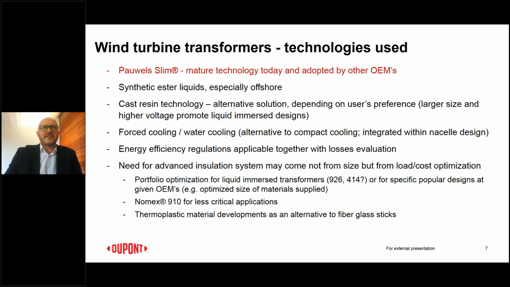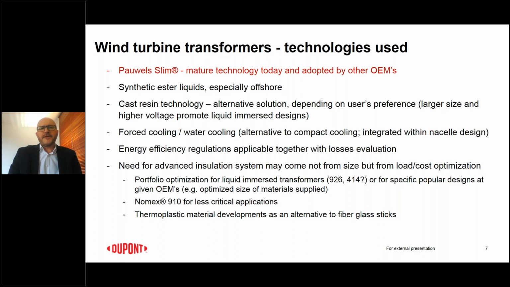Synthetic ester liquids became very popular, at least in Europe. The synthetic esters are dominating in wind turbine transformers, especially in offshore applications where fire safety and mostly environment is critical. But this is not the only technology. We still see cast resin transformers used in certain wind turbines by certain manufacturers of the turbines.